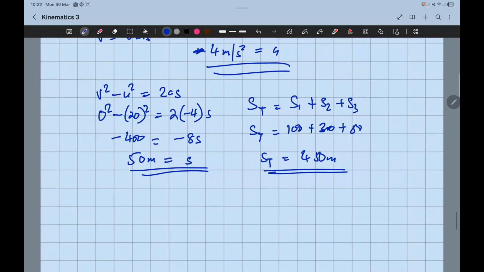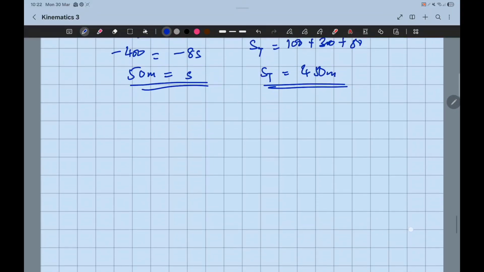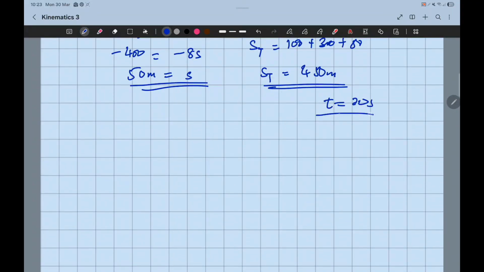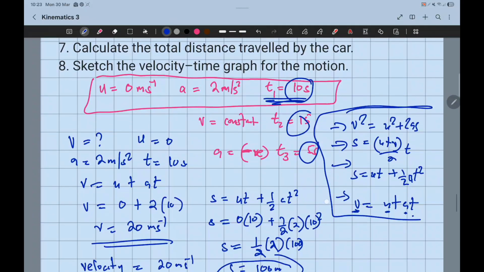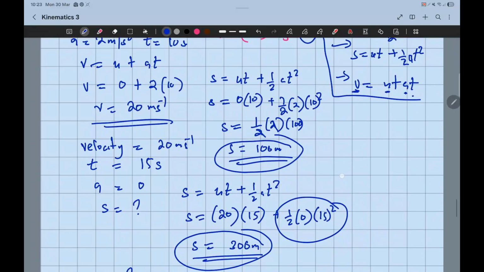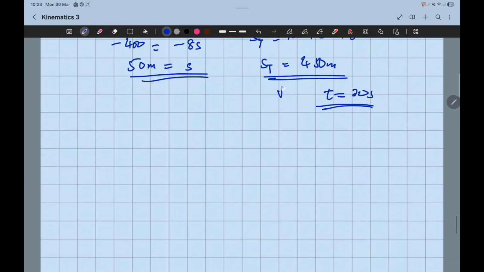So our graph should cover time up to 30 seconds. So we know the range of our time, because the total time used here is 30 seconds. Then our velocity, we see that it reached 20, traveled at 20, then started decelerating. So 20 is also the range for v.